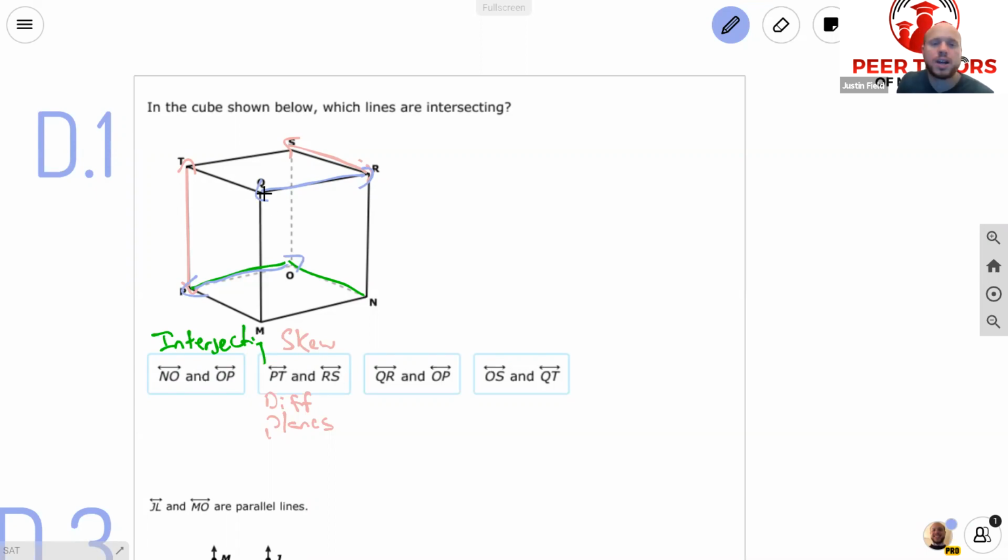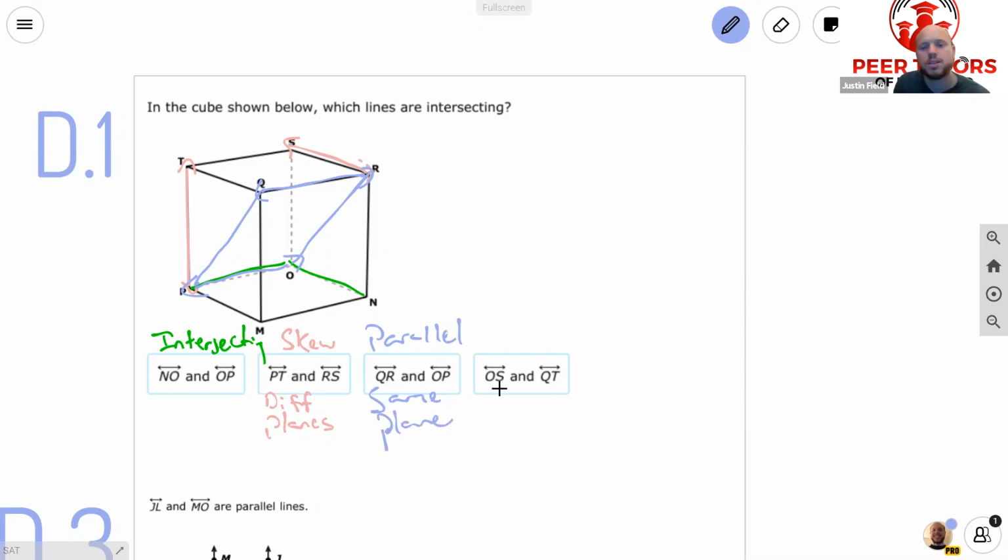Even though there's not a plane drawn, we could draw one by just adding a couple of lines here. And you can see now, it's just a sheet of paper kind of cutting through the cube. So these are parallel, my favorite. And they are in the same plane.